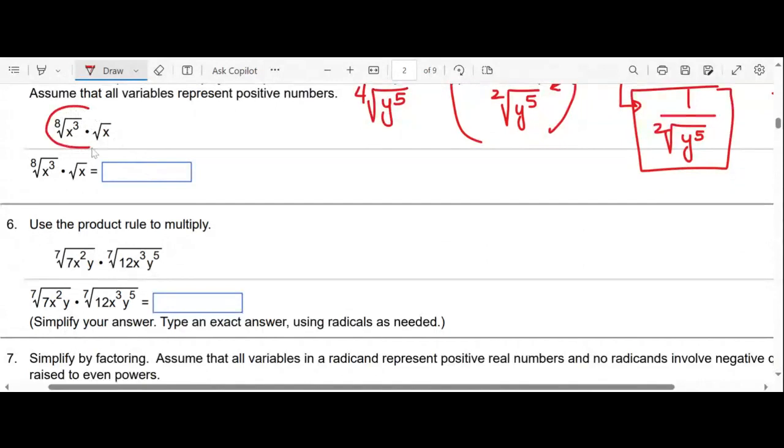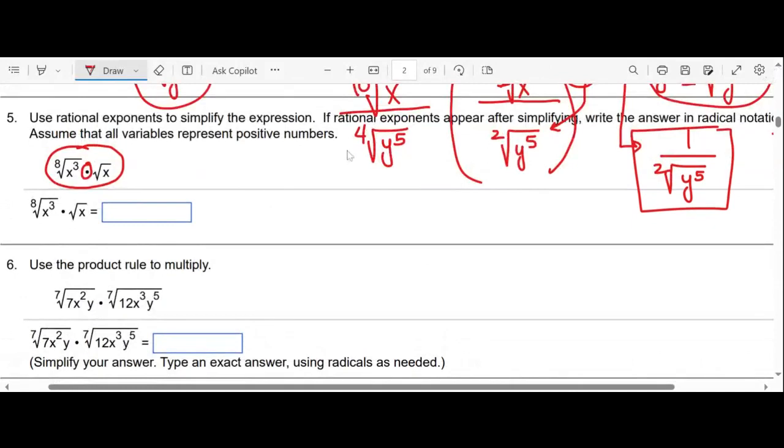Do we need to do addition or subtraction or multiplication? Okay, so we need to multiply this times this. Okay, so x to the power of 3 over 8, correct?